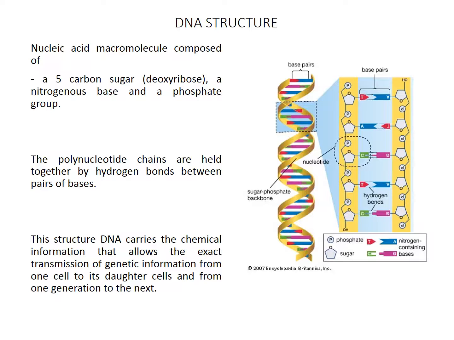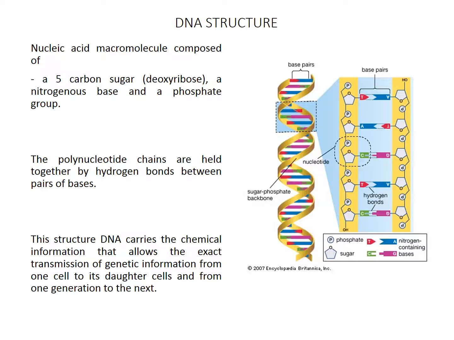Now, these two chains that run parallel to each other are bonded together by hydrogen bonds. So you have two hydrogen bonds between adenine and thymine nitrogenous bases, and then you have two hydrogen bonds between cytosine and guanine nitrogenous bases.